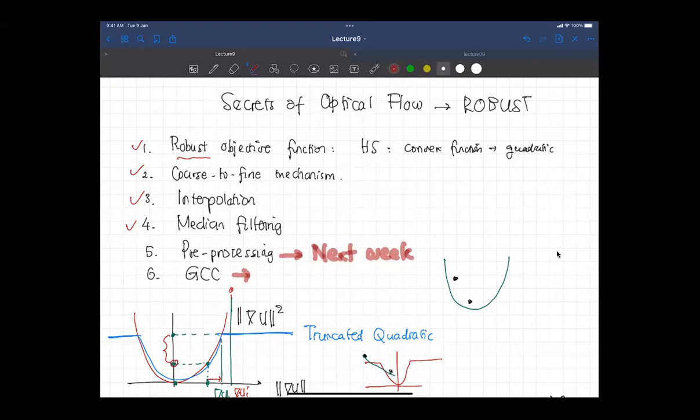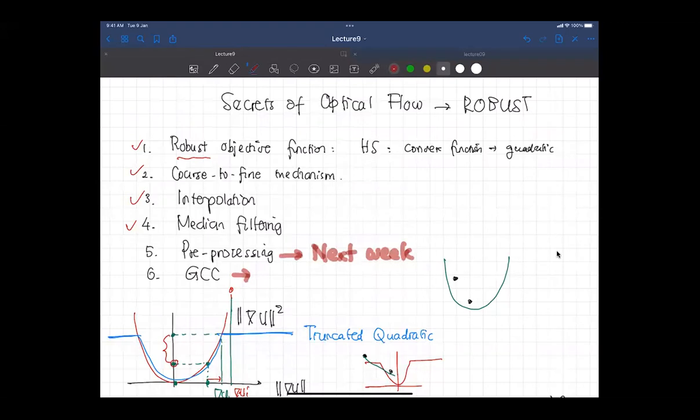So basically, here you have IX and IY, and GCC is that we want to make sure that even the gradient from one and the other image are the same.